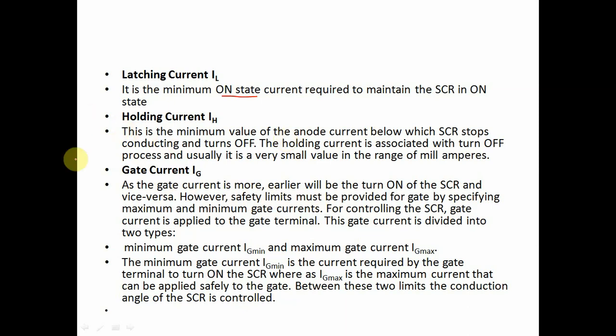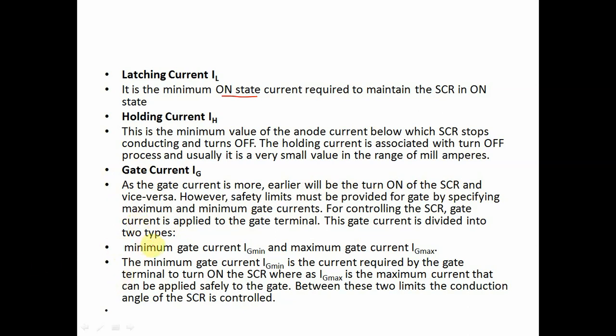Now gate current, this is also important. Gate current is used to turn on SCR. As the gate current is more, the turn on of the SCR will be earlier, and vice versa. By using gate current, SCR will be turned on or off.